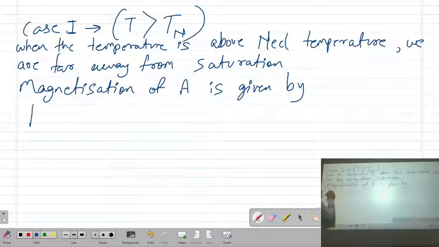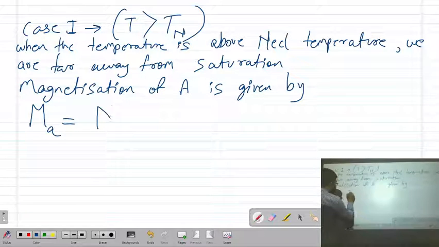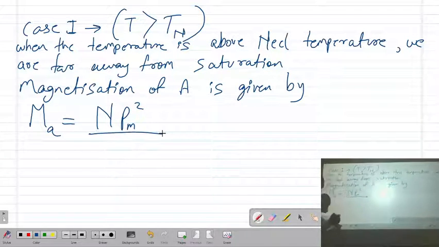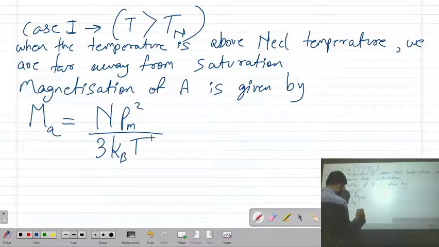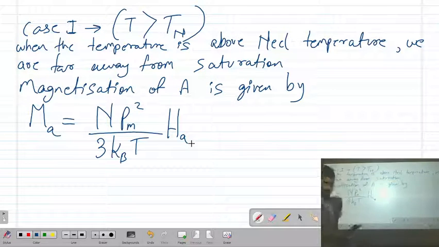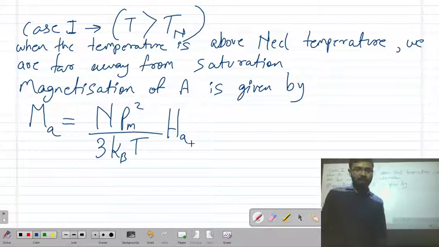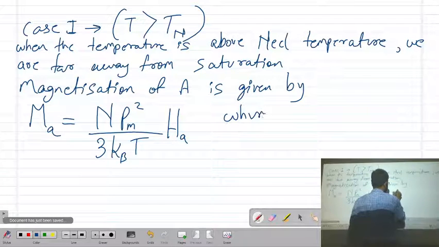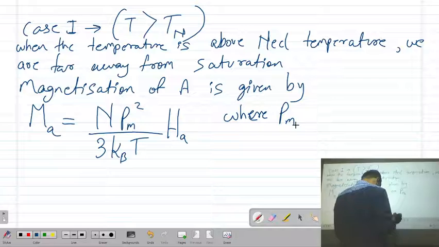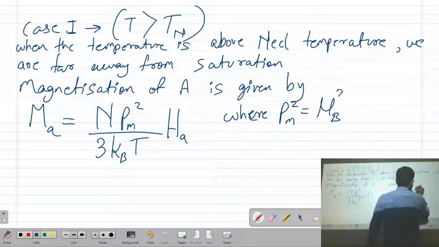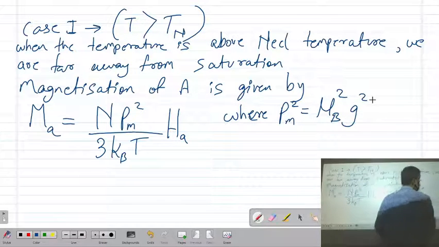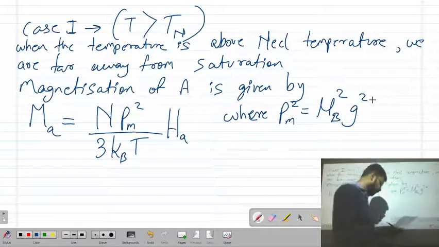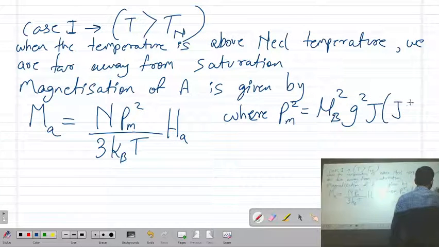M_A equals N p_m squared by 3 k_B T times H_A. Here, N is the number of atoms, T is the temperature, H is the field, and p_m squared equals mu_B squared g squared J into J plus 1.